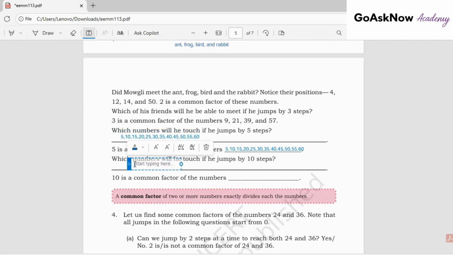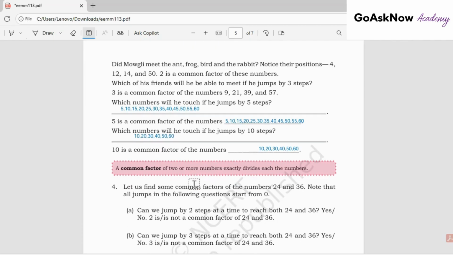Next, by 10 steps, we will come to 10, 20, 30, 40, 50 and 60. The common factor of these numbers is 10. Okay. A common factor of 2 or more numbers exactly divides each of the numbers. This is the common factor.